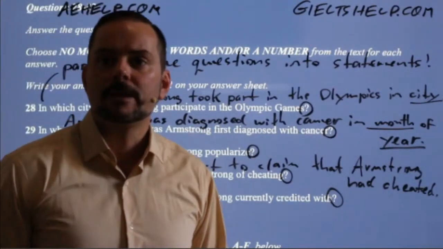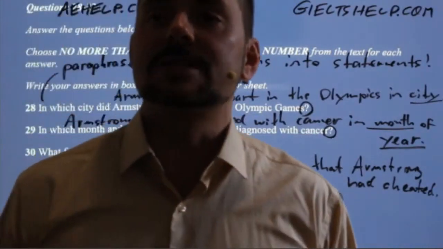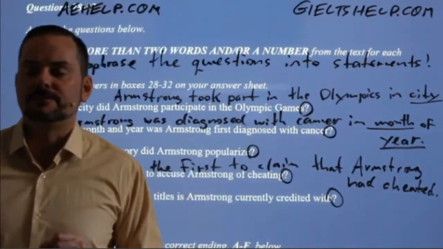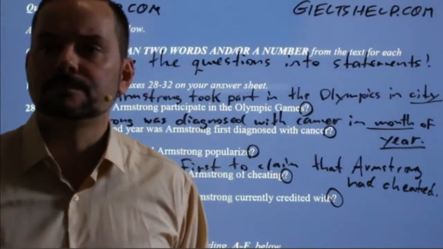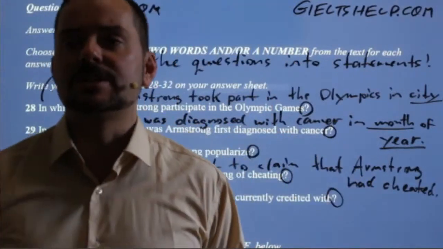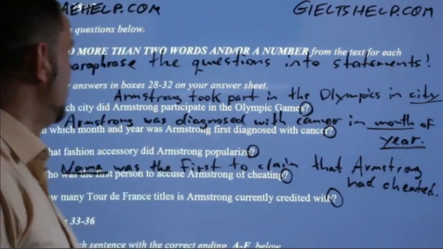Okay. So Abhishek says Armstrong familiarized in style the accessory is. Grammatically, Abhishek, that is flawed. It's incorrect grammar. It's awkward. Okay. Nick Hill says the item, brackets, fashion accessory, that Armstrong made famous was. Very good, Nick Hill. That's a good one.